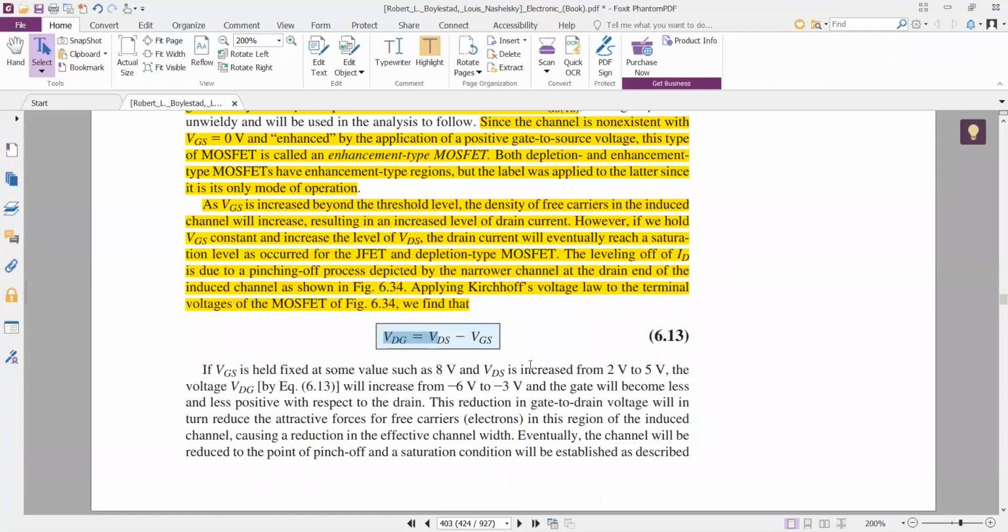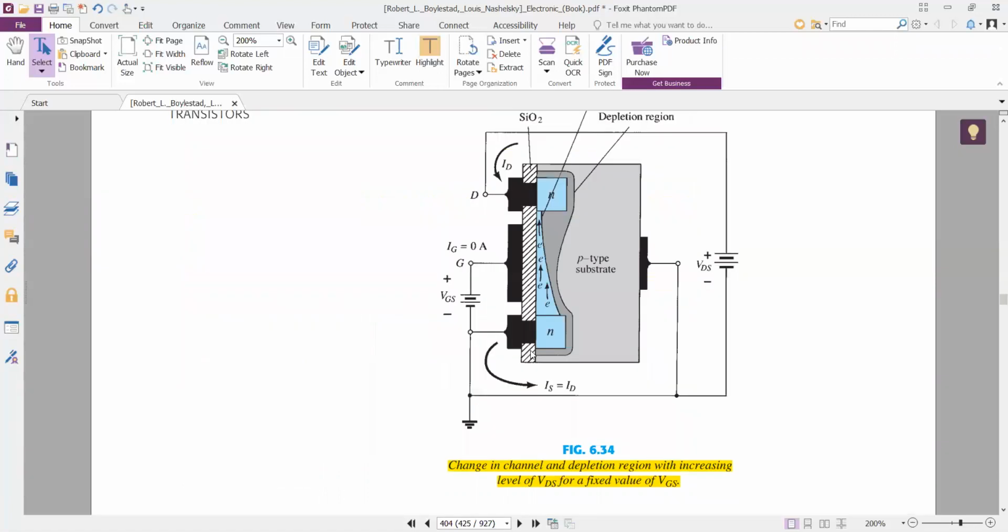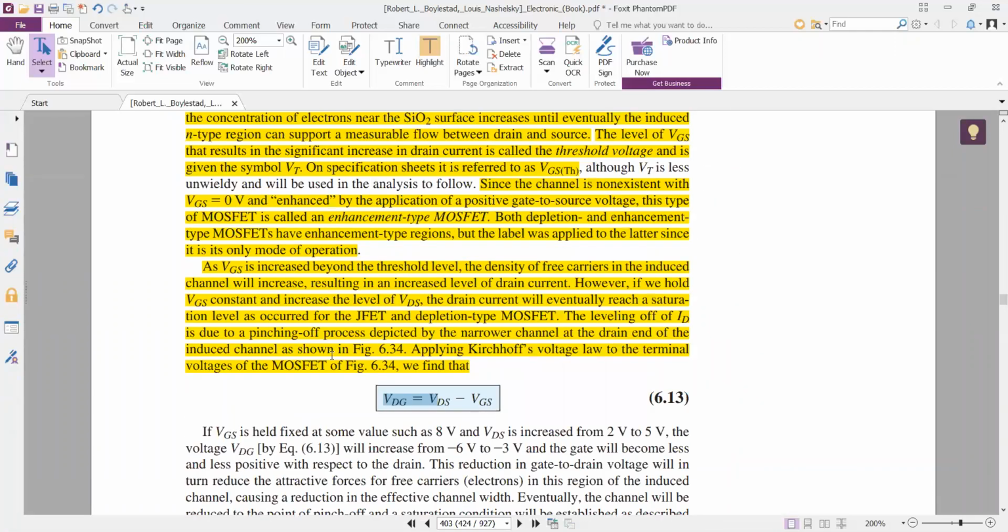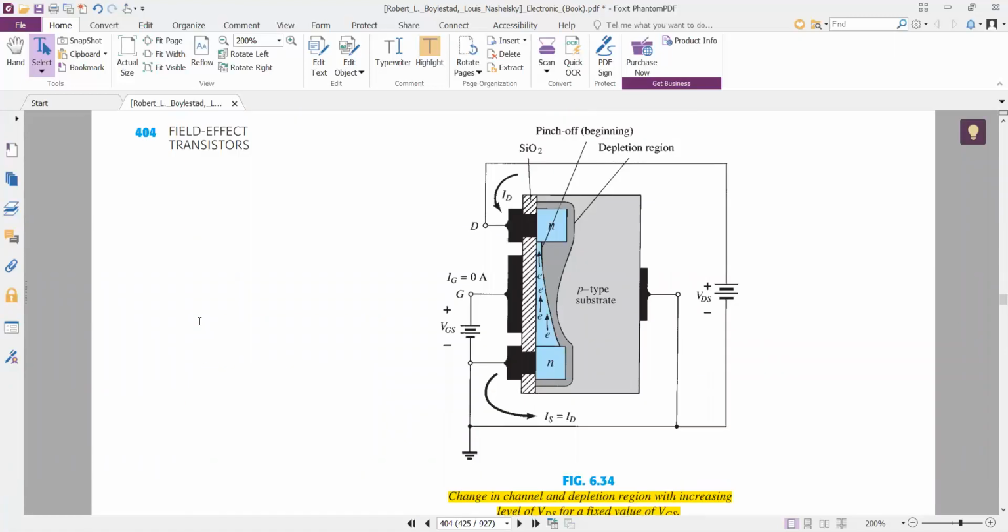Simple KVL must be applied to find this equation. It means VDS is resolved into two components, VDG and VGS. So if we want to find VDG, we must subtract VGS from VDS.